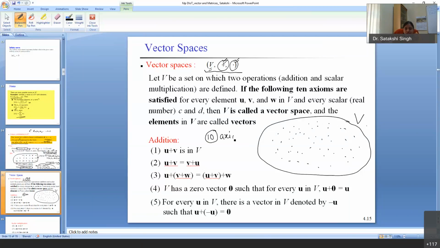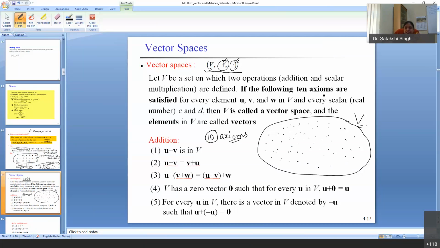So if those 10 axioms are satisfied by the vectors of this set V, then this set V will be called a vector space. And it should also be very clear to you that this vector addition and scalar multiplication should be defined according to the given conditions here, and that should be taken care of. So let V be a set on which two operations, addition and scalar multiplication, are defined.